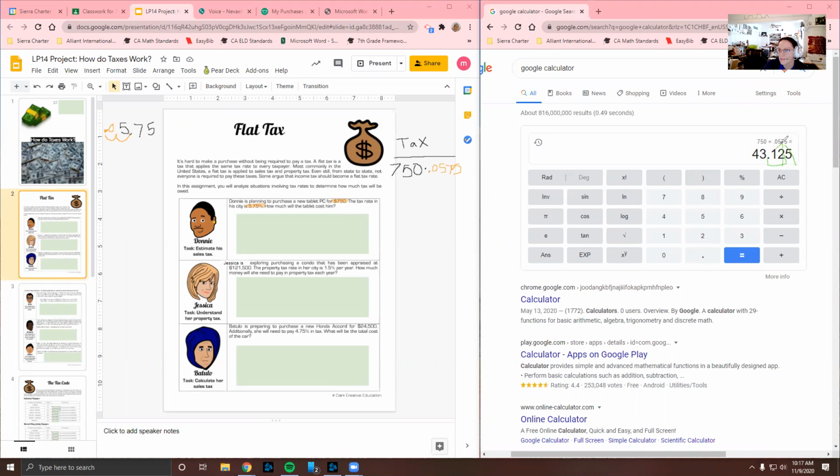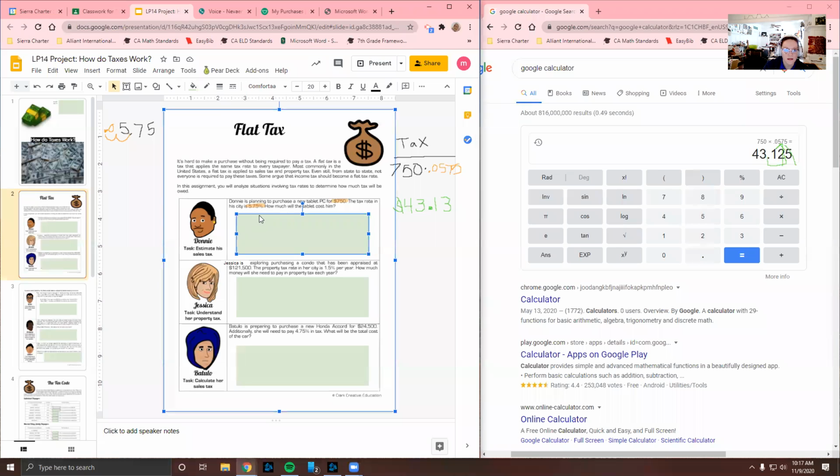It tells us to round up, and we wind up paying $43.13 in taxes. Okay, so that is the first part of our answer here. We're going to type in, clearly label that the tax is $43.13.